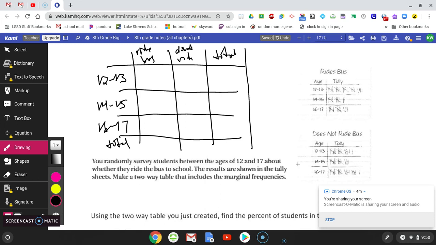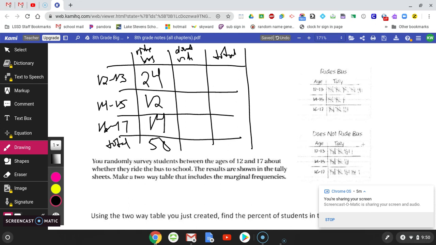Then we just have to count how many are for each of them. For riding the bus, there are 24 12 to 13-year-olds, 12 14 to 15-year-olds, and 14 16 to 17-year-olds, which means total there are 50 that ride the bus.